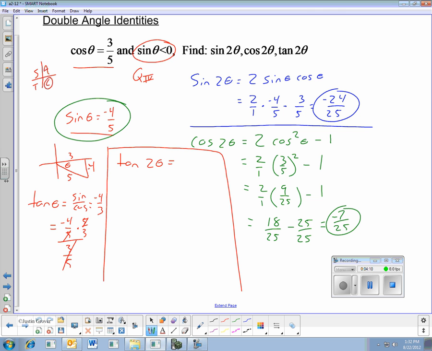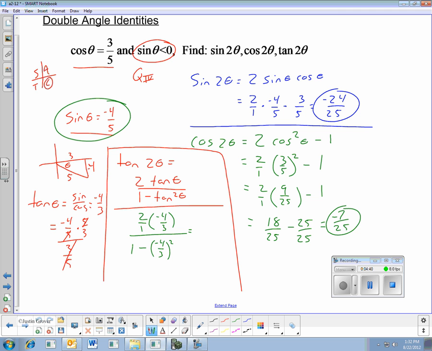The double angle formula for tangent is 2 tangent theta over 1 minus tangent squared theta. So 2 tangent theta, that's going to be 2 over 1 times negative 4 over 3, over 1 minus negative 4 over 3 squared.